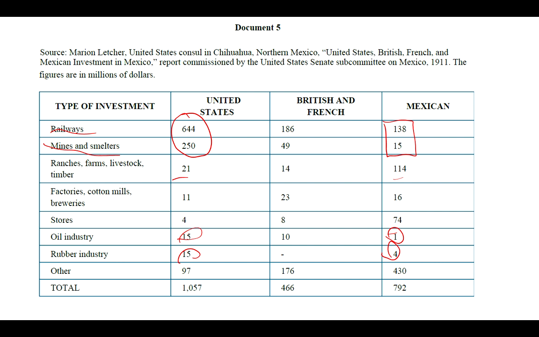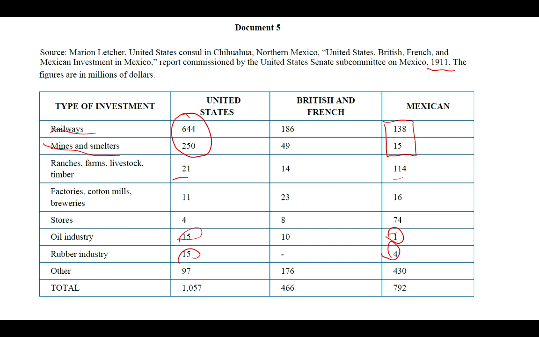Okay, so I can imagine Standard Oil coming to Mexico and drilling. So what is the theme? It's that foreign investment, especially American investment into Mexico, is a big deal during this time. Okay, that's it. We don't need to spend more time on here.